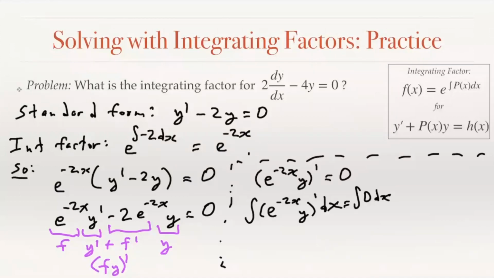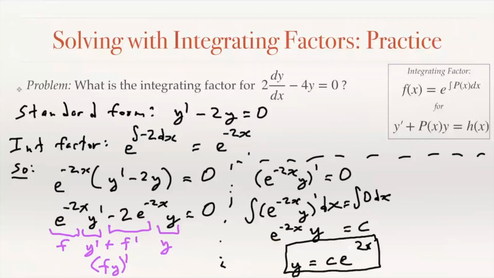Remember, the integral of 0 is not 0. It's a constant. The derivative of a constant is 0. So we have that. And now we just divide both sides by e to the -2x. We have y as c times e to the 2x. Remember, the reciprocal of an exponentiation just puts a minus sign there, -2x.